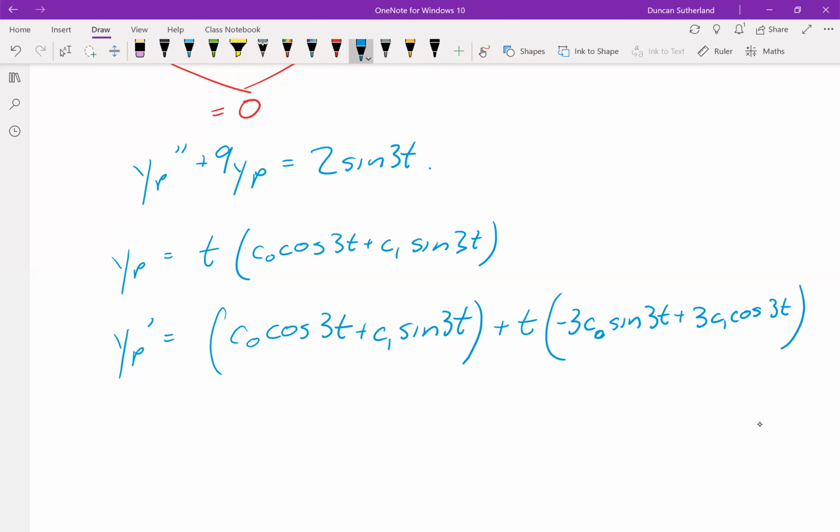Okay, now we've got to do the second derivative. Like so. Now again, we've got a product rule to do, so we differentiate the first one, leave the second one alone.